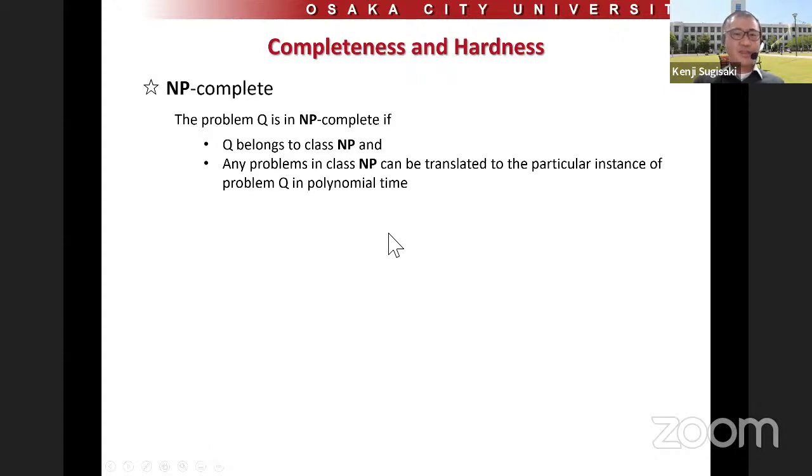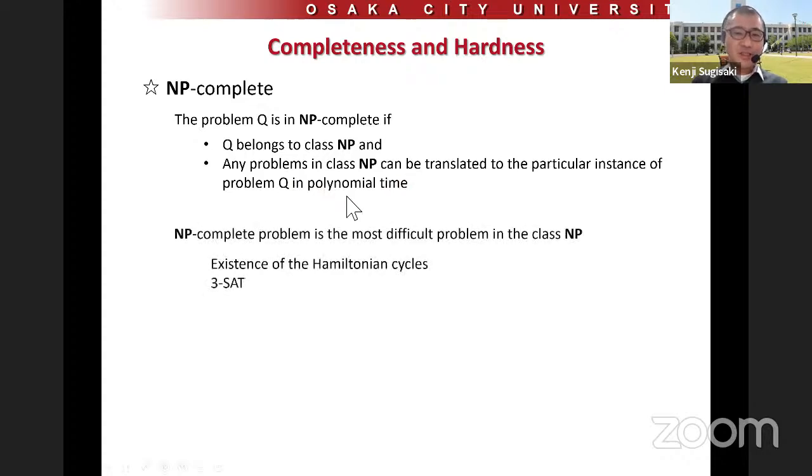An NP-complete problem means that the problem Q is in NP-complete if Q belongs to the class NP, and any problem in class NP can be translated to the particular instance of the problem Q in polynomial time. So roughly speaking, an NP-complete problem is the most difficult problem in the class NP. Examples of NP-complete problems are the existence of a Hamiltonian cycle and the 3-SAT problem.